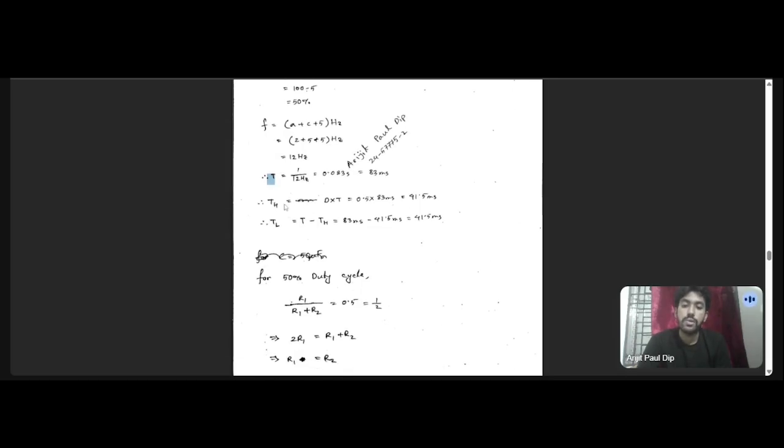So as we know, T means time period. Period is reciprocal to frequency, so T equals 0.083 seconds, which is also equal to 83 milliseconds. So as we know, TH equals duty cycle times period, which means it is 41.5 milliseconds.